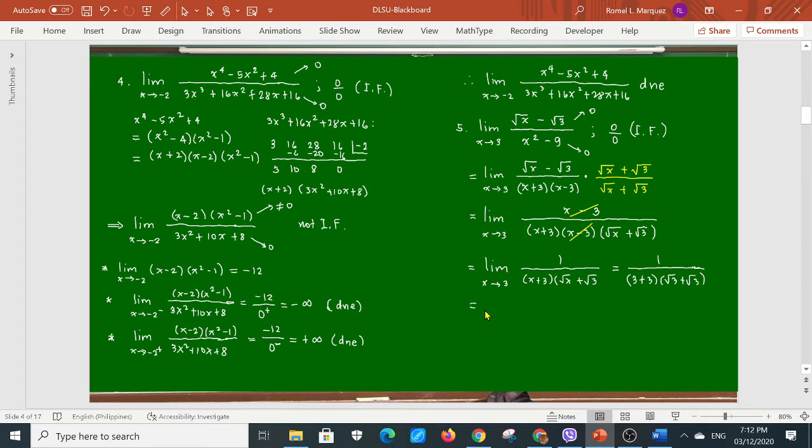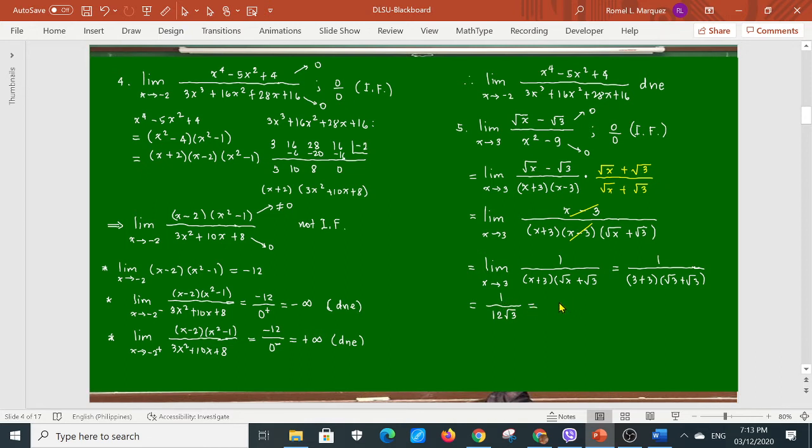So we are just simplifying. You remove the limit if you are already evaluating at a number. The denominator is 6 times 2 square root of 3, which is 12 square root of 3. The numerator is 1.